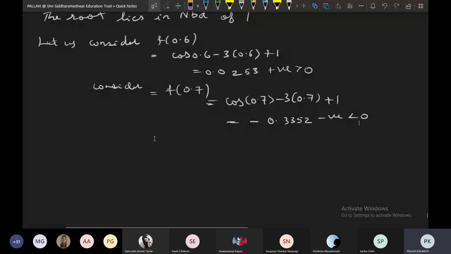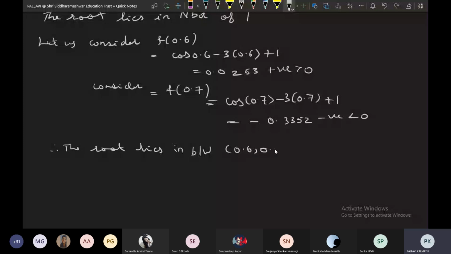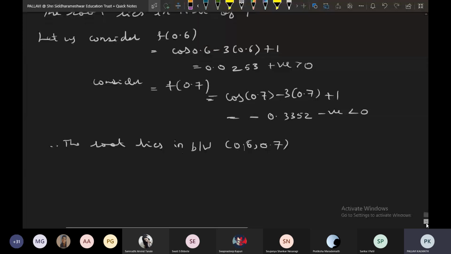So what do you say? Where the root lies? Then root lies between 0.6 and 0.7. Therefore, consider these two values as a and b and their respective f of a and f of b.